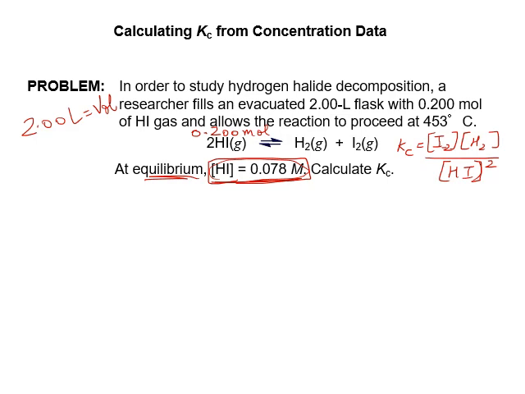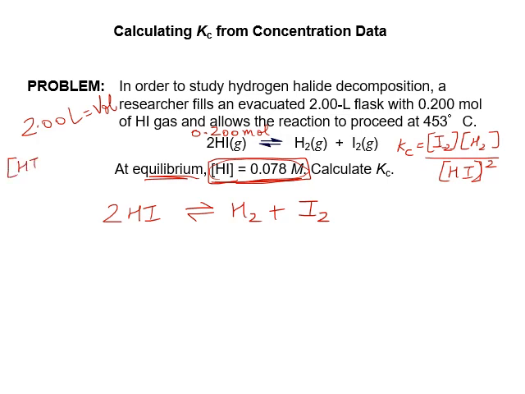So first thing, how would we make an ICE table? I'll just rewrite the equation. 2HI gives hydrogen and I2 gas. Now initially the question tells me that I have 0.20 moles. Remember, in these expressions I always use concentration. So my first step would be to convert these moles into concentration.